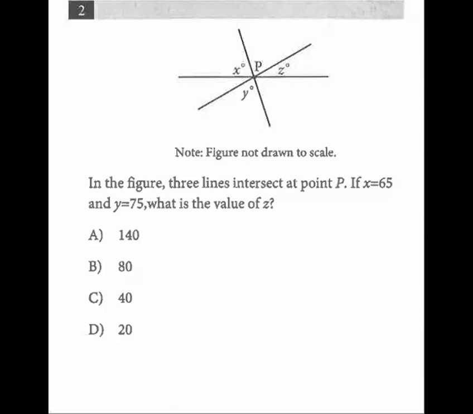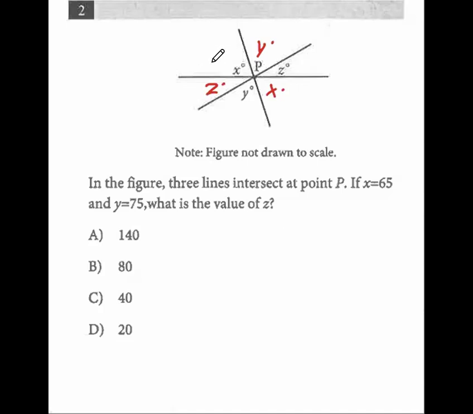Okay, so for question 2, we're given 3 lines intersecting at point P. So because all of these lines intersect, we know that this is also y, this opposite is x, and this opposite is z as well. And what is the value of z?